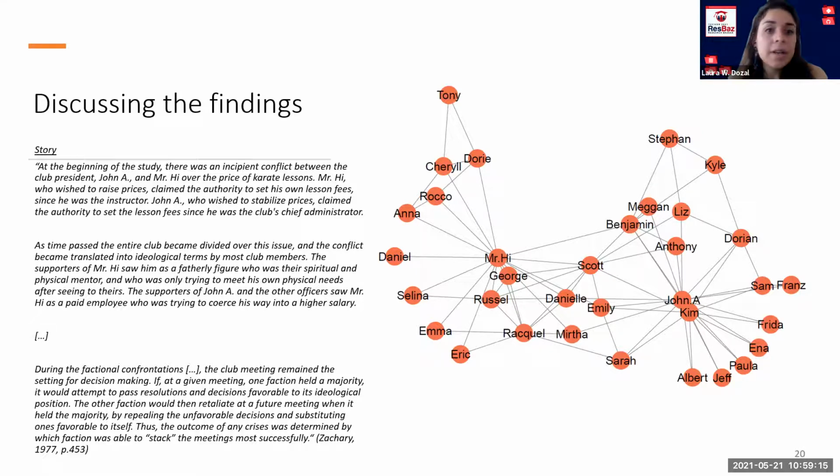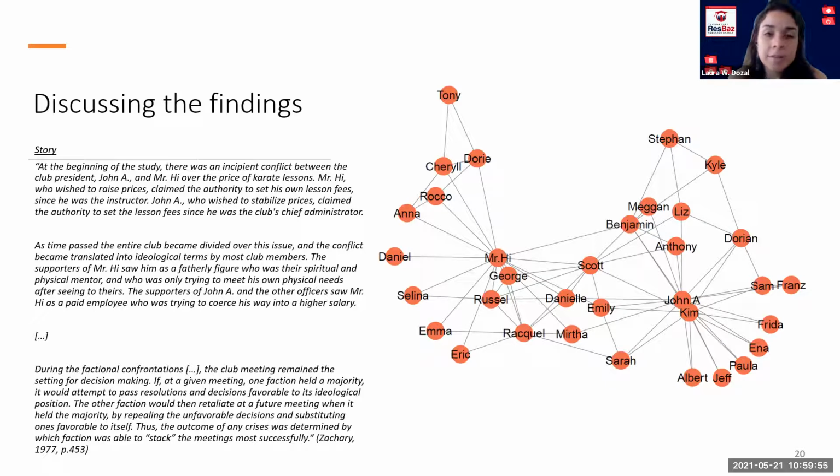And so essentially, there was conflict between Mr. High and John A because Mr. High wanted to raise prices for classes, and John A didn't want that. He wanted to keep prices as they were, and because this network was observed over, I think, a two or three year period, it was looking at how the club became divided on the issue of raising prices for classes or not.